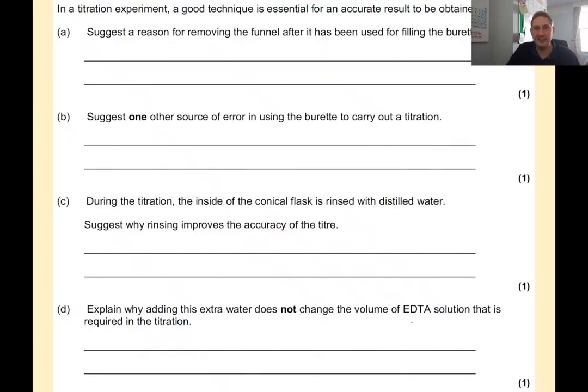So, suggest a reason for removing the funnel after it's been used for filling the burette. Stop the drips. So if something drips in from the funnel during the experiment, it's going to ruin the result. Suggest one other source of error in using the burette to carry out the titration.